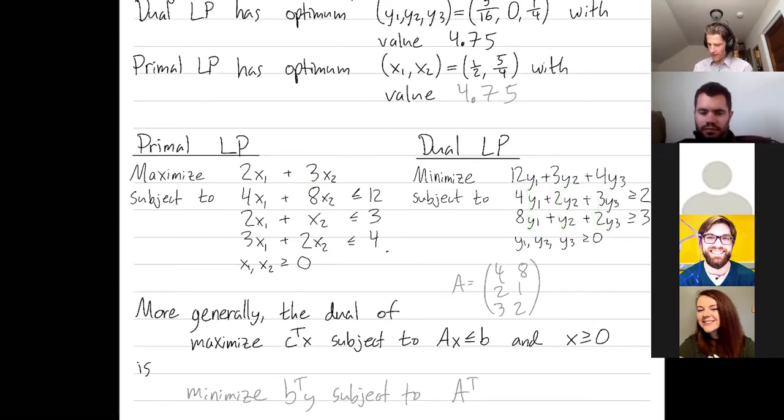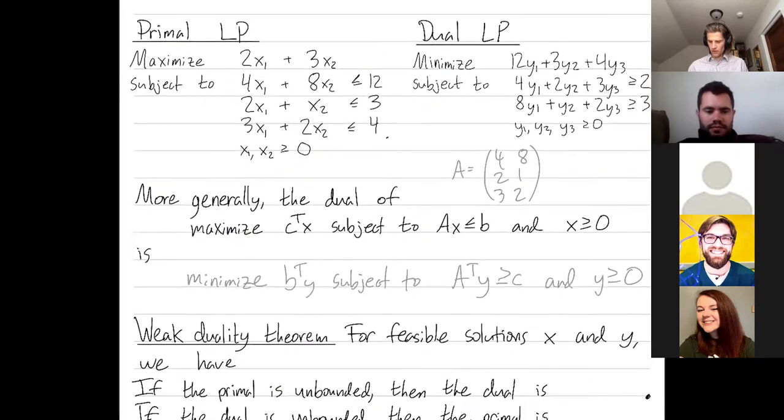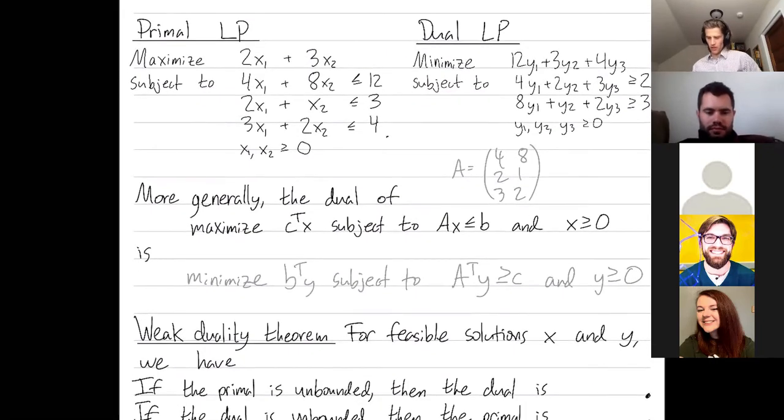So what I have in the dual program is A transpose times the vector Y is at least this vector, which is my vector C. And the Y's are non-negative.